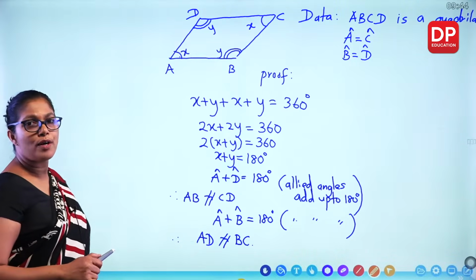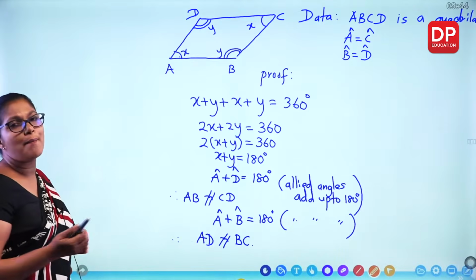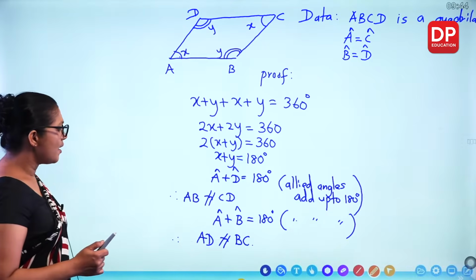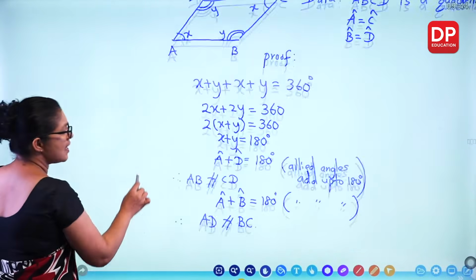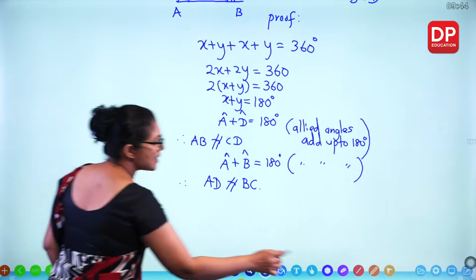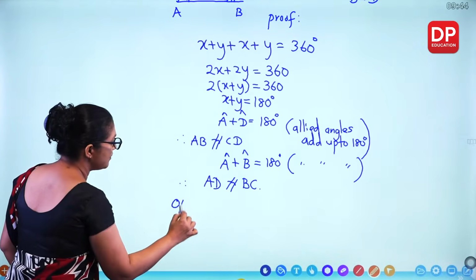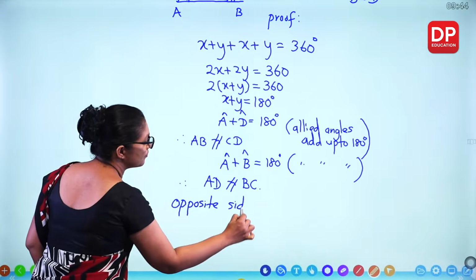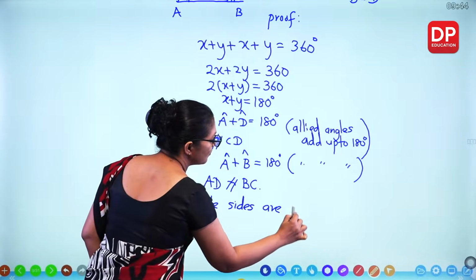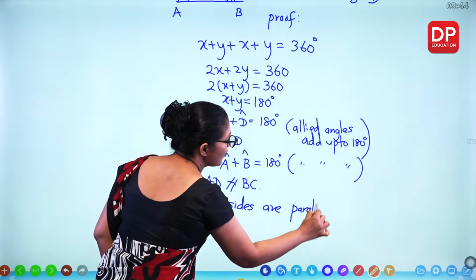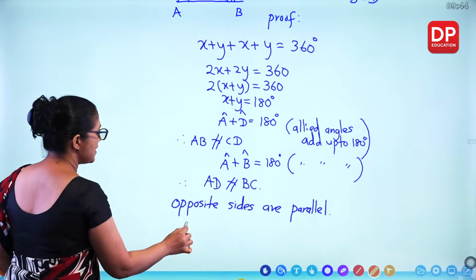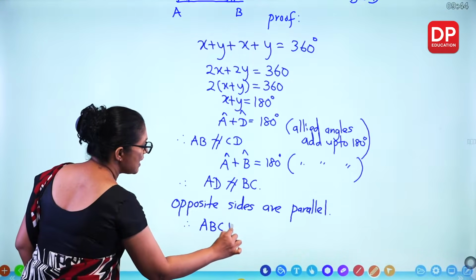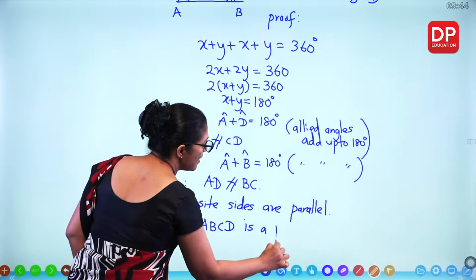Now we found out a pair of opposite sides are parallel. So what's this quadrilateral? That's a parallelogram. So we can straight away write down opposite sides are parallel, which means we can say ABCD is a parallelogram.